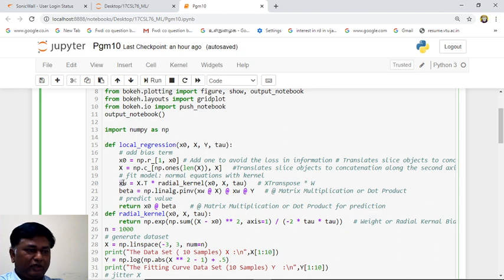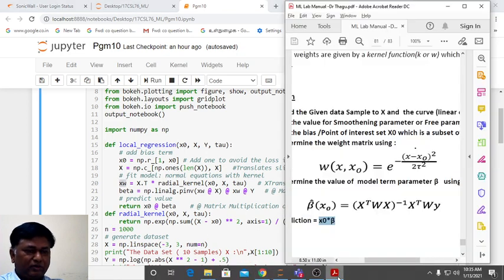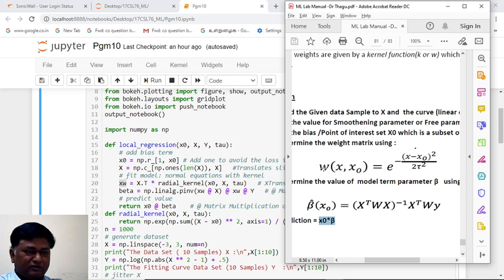Now here we are calculating the XW, that is from the algorithm. In this formula you see we are using X transpose W 2 times, right? So this is coming 2 times, so it is separately calculated here, XW. X dot T means X transpose, radial of kernel x naught, x and tau. So that is calling this function with the same parameter.